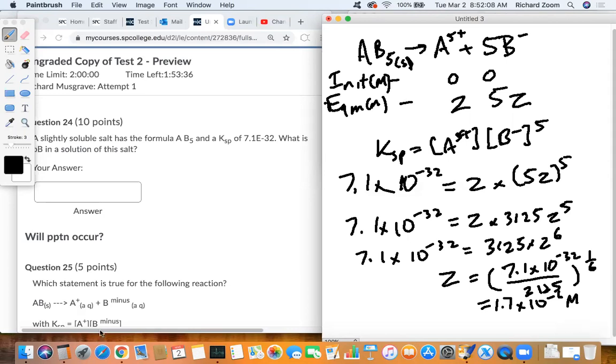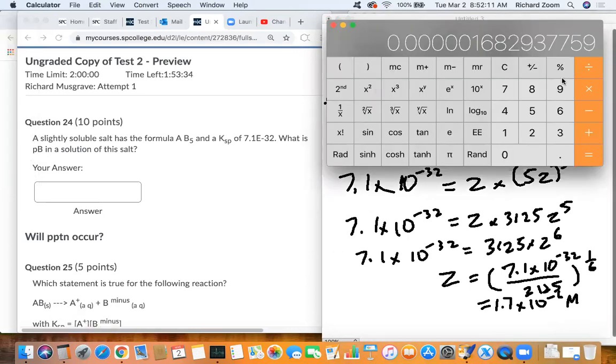I'll show you the other way of doing this, and that would be 7.1, clear it out, 7.1 E negative 32 divided by 3125, and then to the power, x to the y, here we go, to the power of 1 divided by 6.